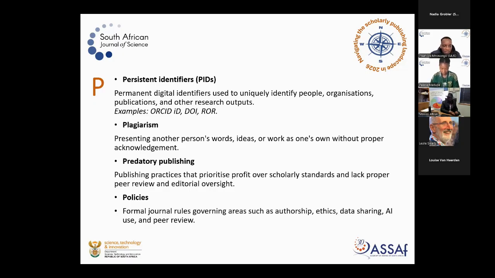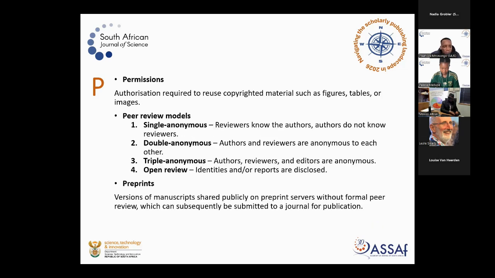Predatory publishing refers to publishing practices that prioritize profit over scholarly standards and lack proper peer review and editorial oversight. Policies are formal general rules governing areas such as authorship, ethics, data sharing, AI use, and peer review. Permissions are authorization required to reuse copyrighted materials such as figures, tables, or images.